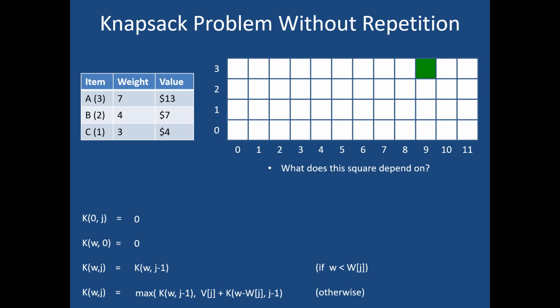That green square I just lit up corresponds to a 9-pound capacity, and you can choose items 1 through 3. What squares does it depend on? If you had to decide on the number you write in that green square, what 2 squares elsewhere in this table did you have to look at, according to this rule right here?